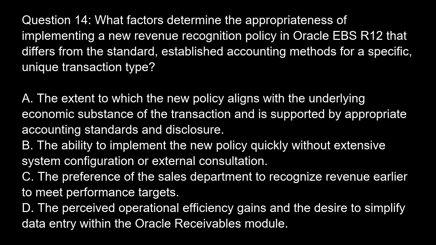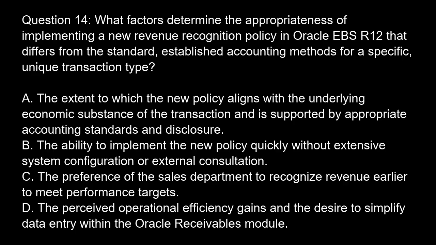Question 14. What factors determine the appropriateness of implementing a new revenue recognition policy in Oracle EBS R12 that differs from the standard, established accounting methods for a specific, unique transaction type? Option A. The extent to which the new policy aligns with the underlying economic substance of the transaction and is supported by appropriate accounting standards and disclosure.